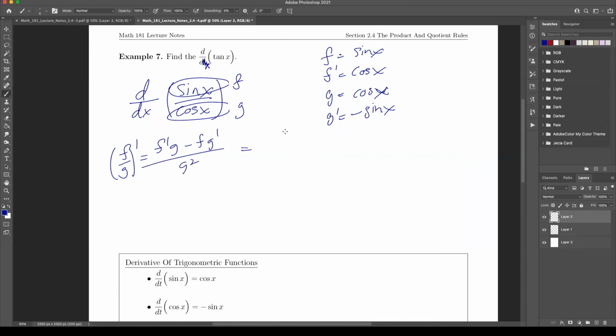So if we plug that in, here we're going to have cosine of x times g, which is cosine of x. Hold on.